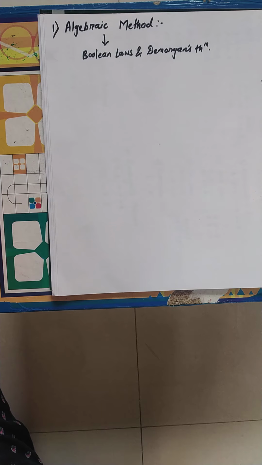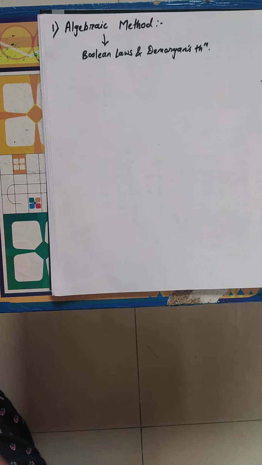You can refer to that lecture, so it will be clear what they are, right? And those Boolean laws and De Morgan's theorems will be useful for simplifying the equation using the algebraic method, right?